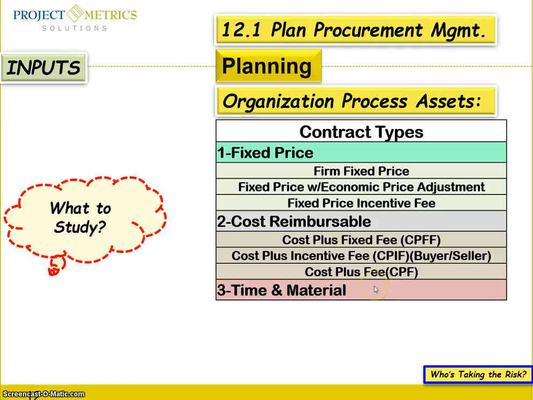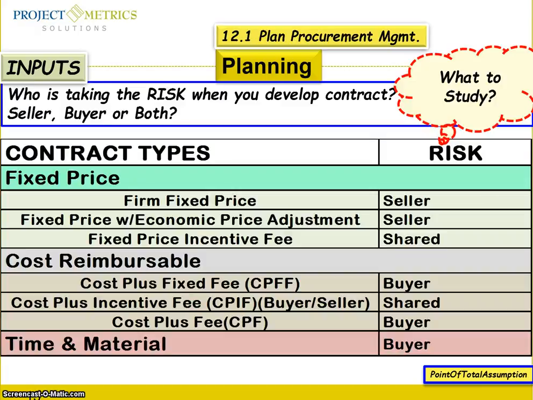You also have to understand who is going to take the risk. This is targeted in the exam: when you develop the contract, who is taking the risk, the seller, the buyer, or both. If you have a chance to memorize it, please do, because this usually comes in the exam.